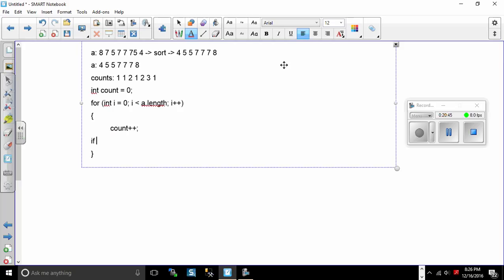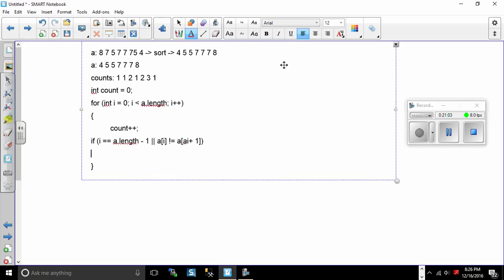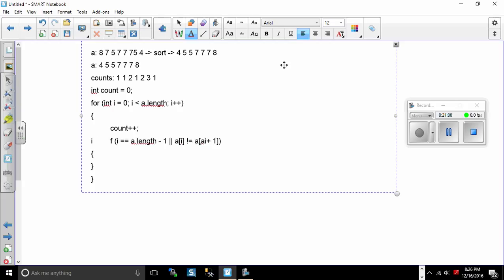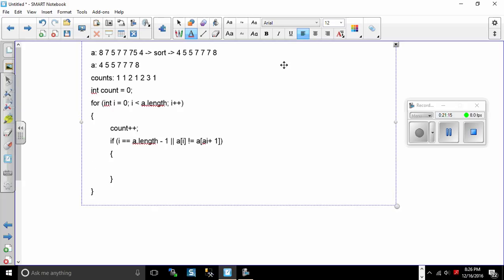And if I is equal to the length minus 1, or AI is not equal to the next element, then we increment our counts, and I'll indent for readability.